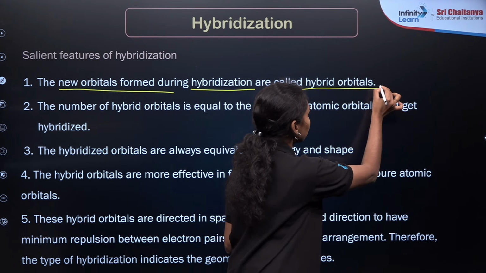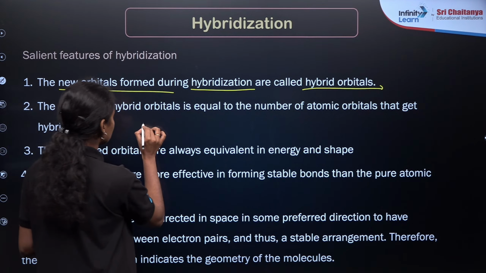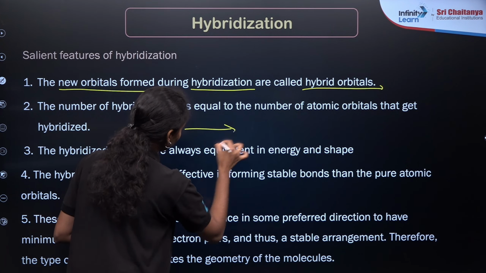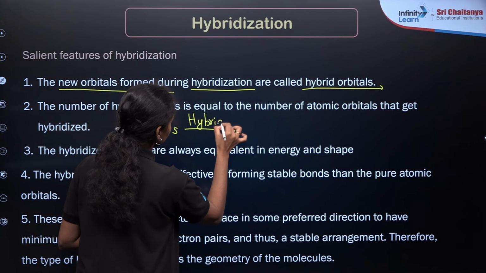Then the second one: the number of hybrid orbitals is equal to the number of atomic orbitals that get hybridized. For example, if I am taking two atomic orbitals, AO stands for atomic orbitals, and they undergo hybridization, what will be the total number of hybrid orbitals?